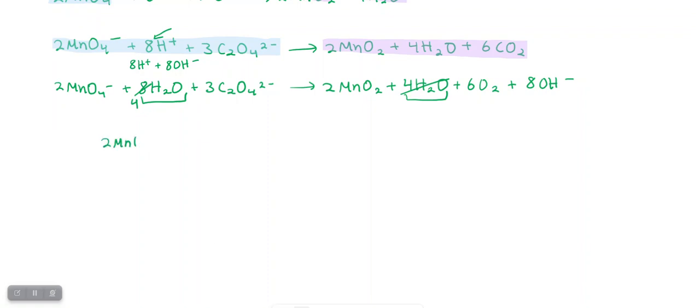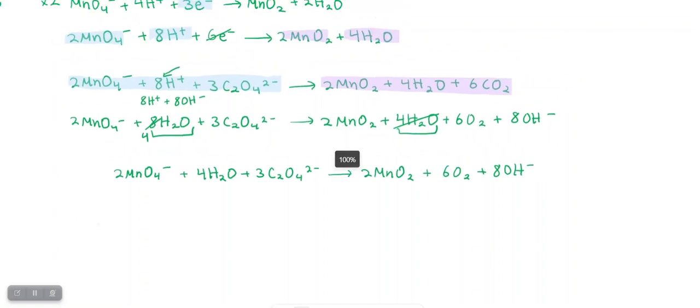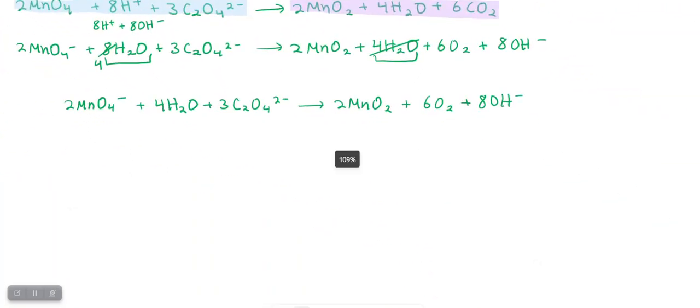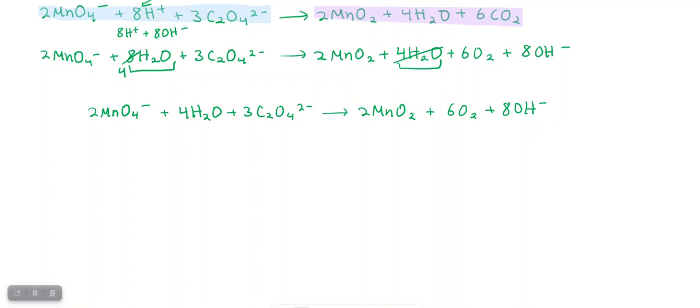So our final reaction is going to be 4H2O and then 2MnO2. This is completely gone, and then 6CO2 plus 8OH-. And then that's our final equation. Now you can do step 6 on your own, just count the atoms and the charges.